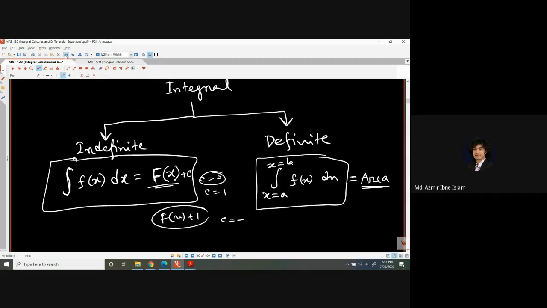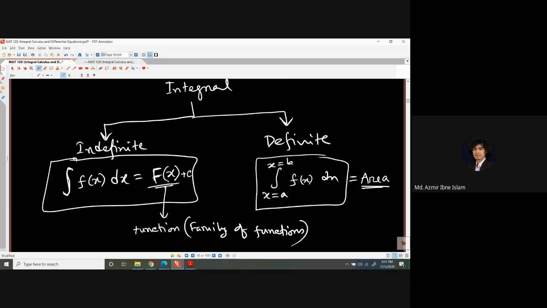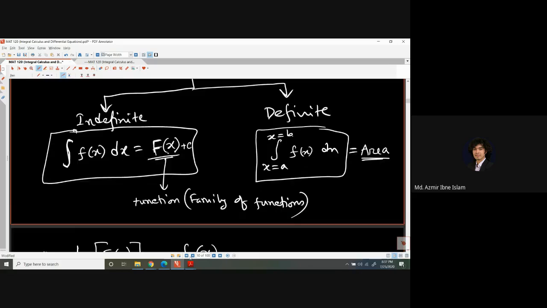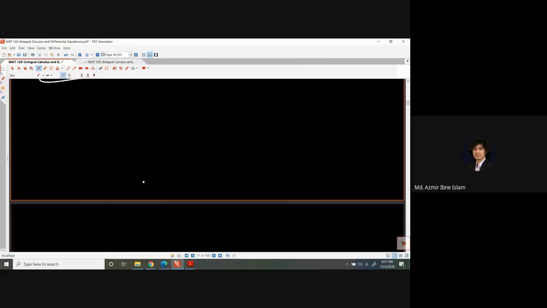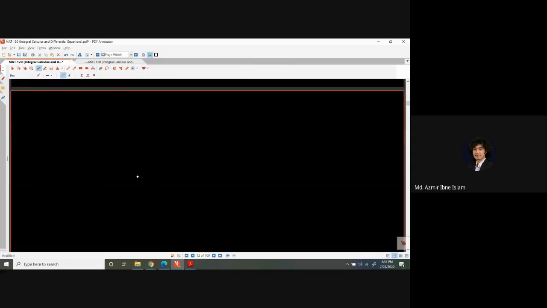That's why, as I have mentioned, for the indefinite integral, finally we will have the antiderivative, that is a function, or it may be a family of functions, okay, depending on the constant C. So let's have a look at the properties of the indefinite integral.